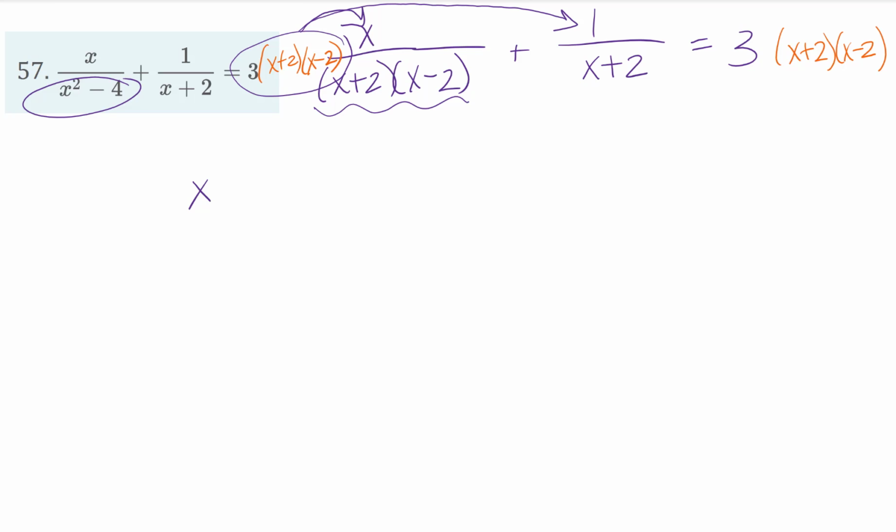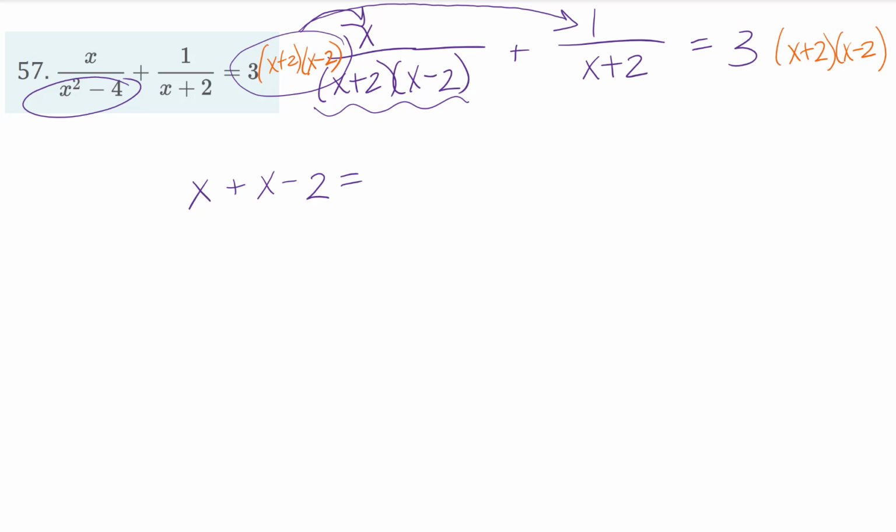The second term has x plus 2 in the denominator. So your LCD, written in orange, divides out x plus 2, but you still have x minus 2 left out of the denominator. So you multiply the numerator by what's left. So 1 times x minus 2 is just x minus 2.